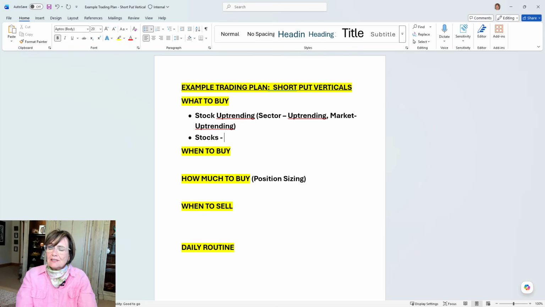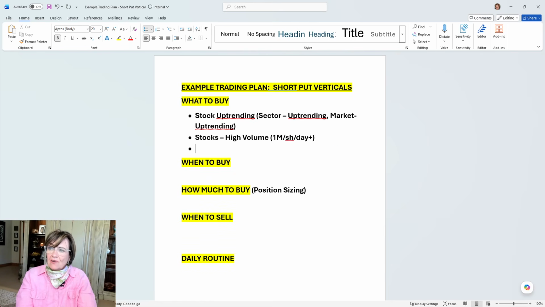That's what we're looking for, those 3 things. We also want stocks that trade high volume. And so you might say, well, what's high volume? You might say, well, we want it to be trading 1 million shares per day or higher. So that might be a way to define our high volume.